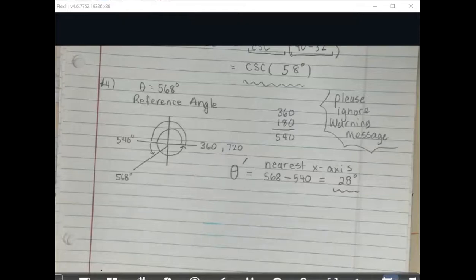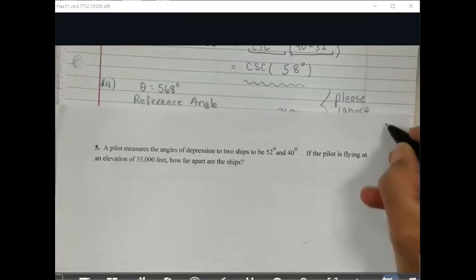We'll do the fifth problem and then we'll stop and talk about bearings. Okay, so some of these problems are really dependent on how well you can draw the pictures. Oh, I missed this one.